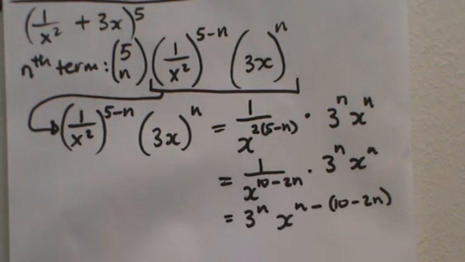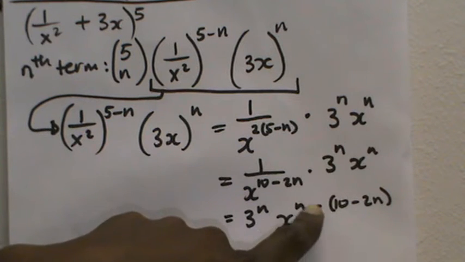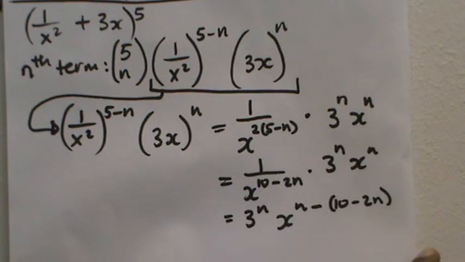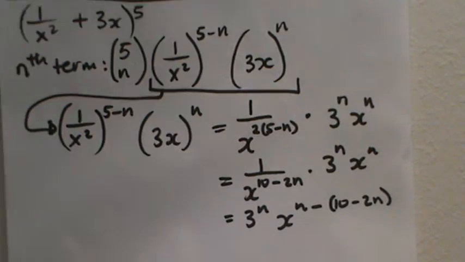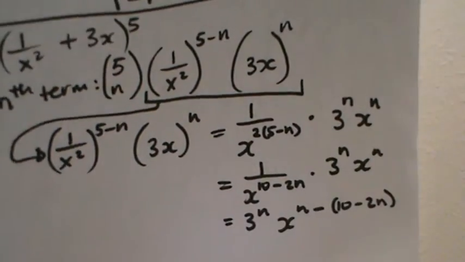That means they are dividing. So I say x to the power of n minus, because of the division, that's the laws of exponents, and I put it in brackets to show that I'm subtracting the entire thing, not just the 10. So I don't say minus 10 and then minus 2n without the brackets. That is something completely different. Okay, I'm going to shift this up just a scotch.